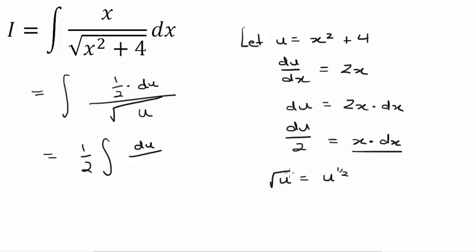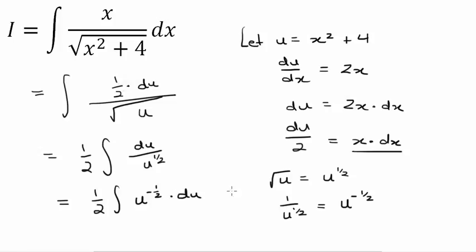That's an equivalent statement. But of course, when we have 1 over u to the half, that's exactly equivalent to saying u to the power of negative a half, recalling our indices rules. So this would be equal to half times the integral of u to the power of negative a half integrated with respect to u, right?